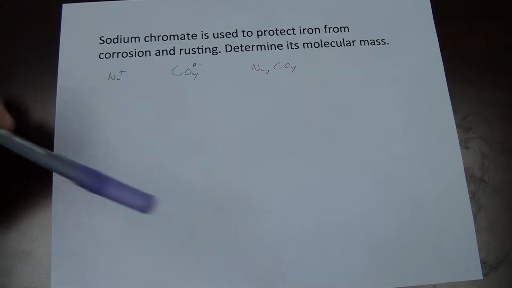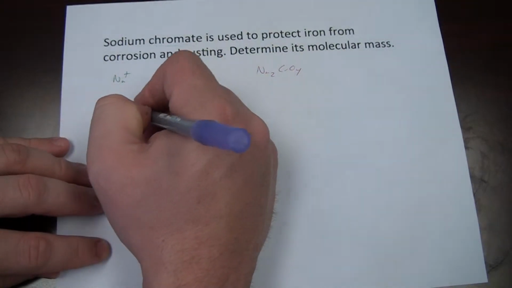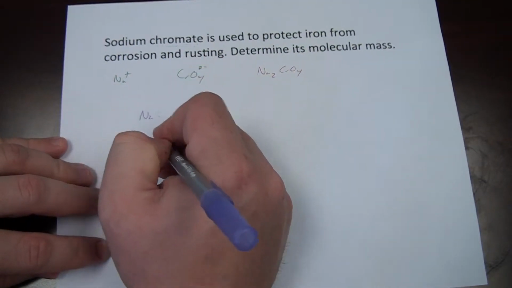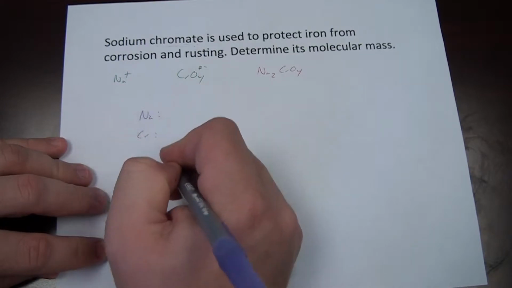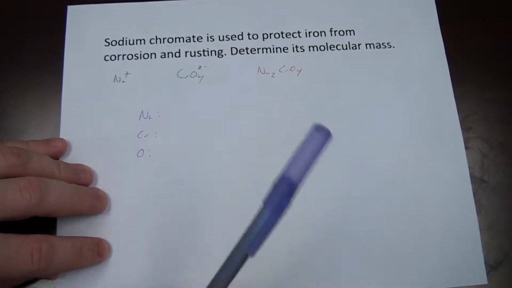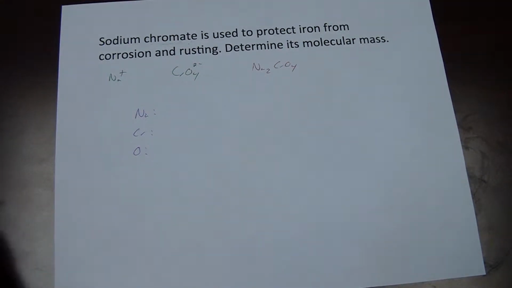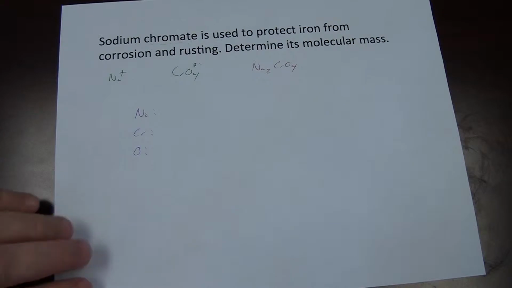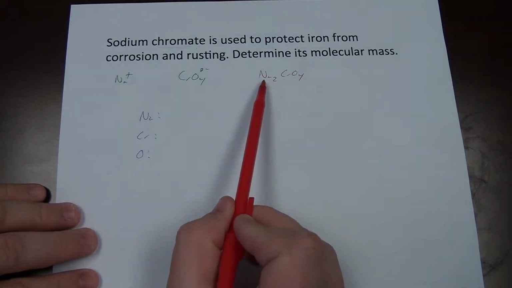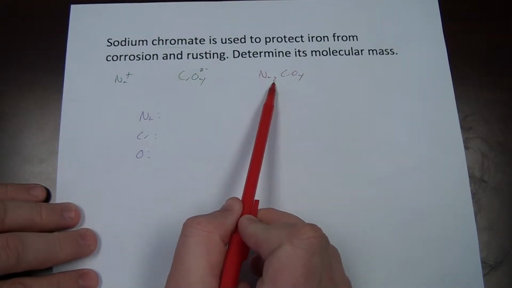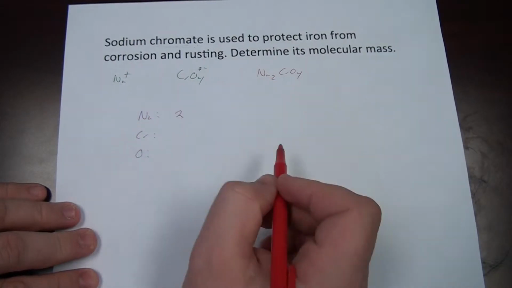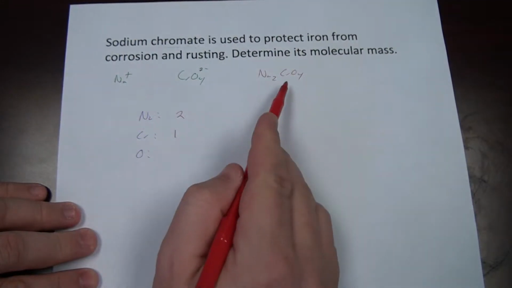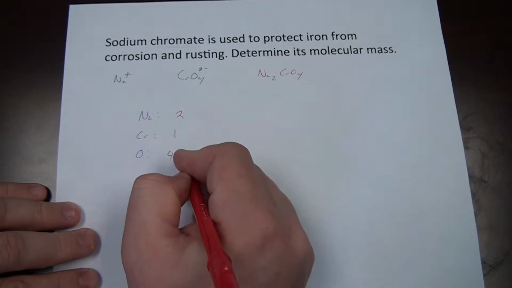So if we look here, we have sodium, we have chromium, and we have oxygen. From our balanced formula, we have 2 sodiums, 1 chromium, and 4 oxygen.